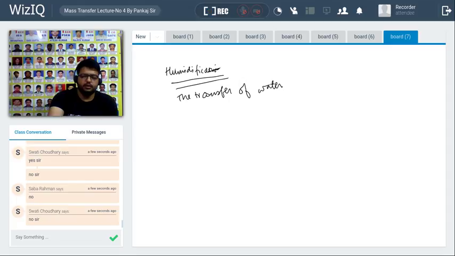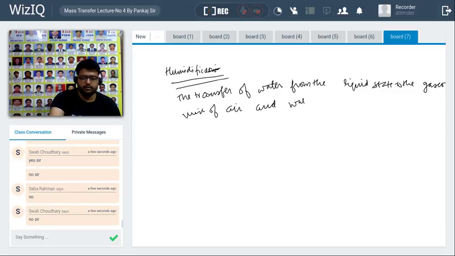I'll tell you the difference between the transfer of organic substance or the transfer of water using the humidification chart. Okay, from the liquid state to the gaseous mixture of air and water vapor.